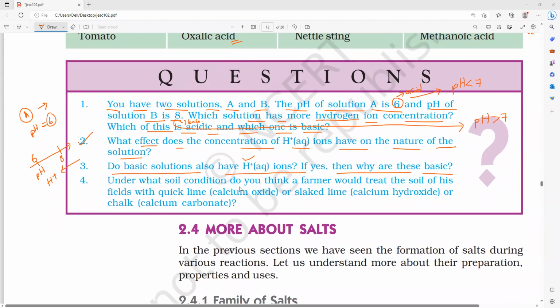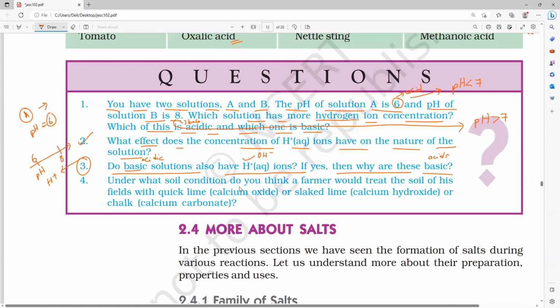So that is the third question, all of you remember. Next, suppose if they ask you, do acidic solutions also have OH minus ions? If yes, then why are these acids? Same answer.